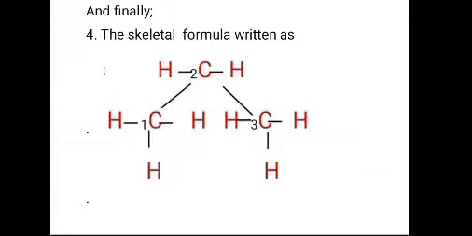So looking at this one, you will now see that our CH2, that is carbon number 2, takes the upper position, while carbon number 1 and 3 take the down. That is to say that if I should use common reasoning, you will say that carbon number 1 has 3 hydrogens, carbon number 3 equally has 3 hydrogens.